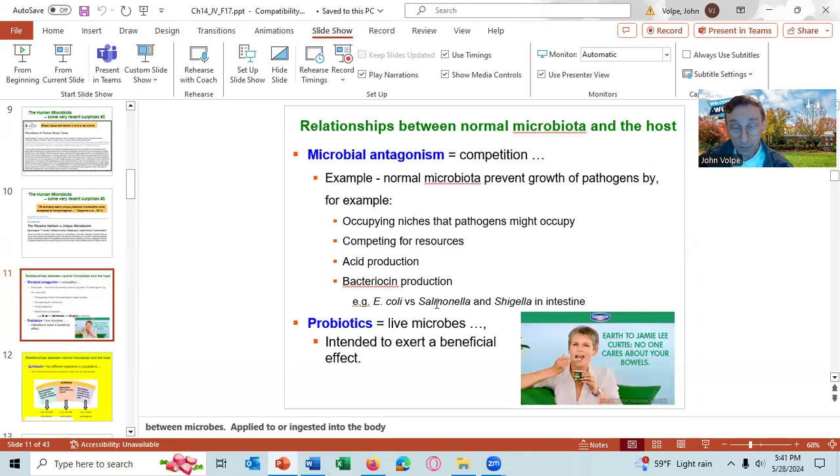And this will be beneficial because instead of getting an antibiotic which harms all gram negatives to get rid of the salmonella in your intestines, you use the bacteriocin, and it would only get rid of salmonella and shigella. It would not get rid of any other gram negatives in your intestines. And so that would be a very good thing to use. Any question about any of that?